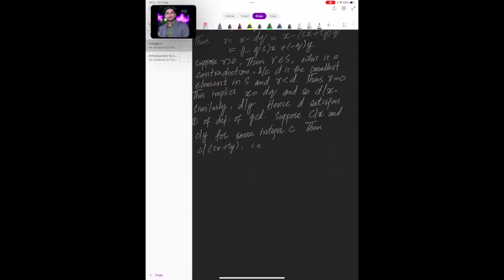So, C divides D. Thus, D satisfies condition 2 of the definition of GCD. Hence, D is a GCD of X, Y, and we have the proof.